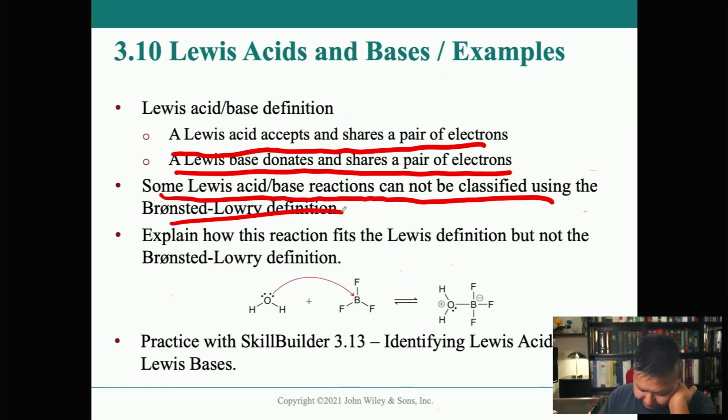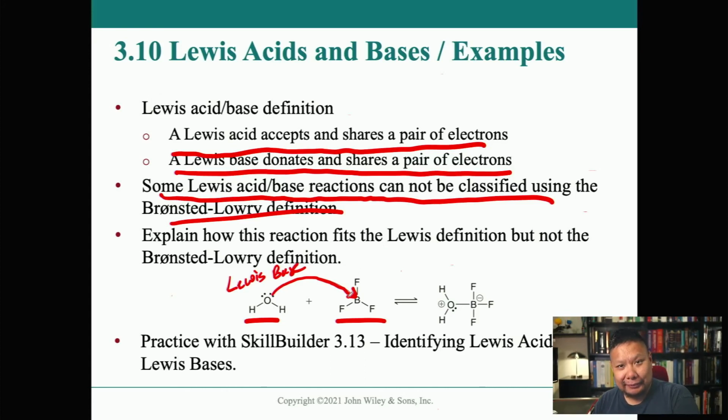So let's take a look at this. We've got water and we've got boron trifluoride here. Again, water here is the Lewis base. It's going to come over and donate some electrons to boron. And when it does that, boron now has a negative charge.